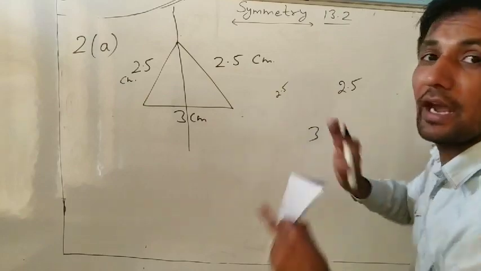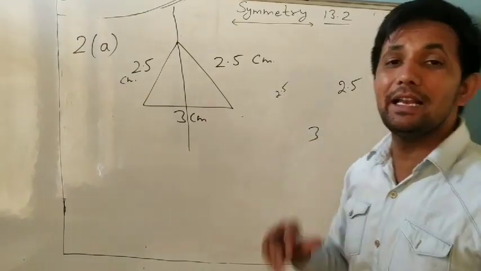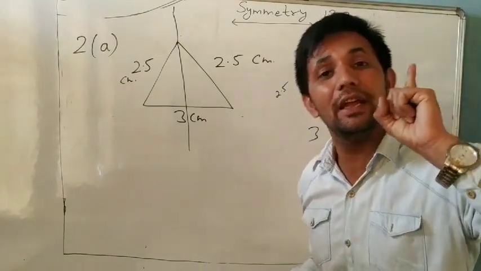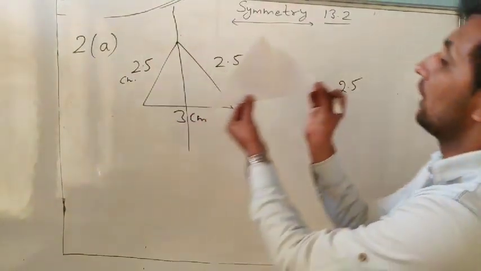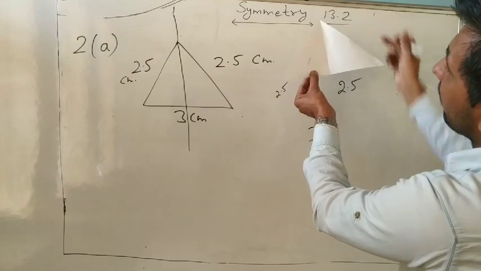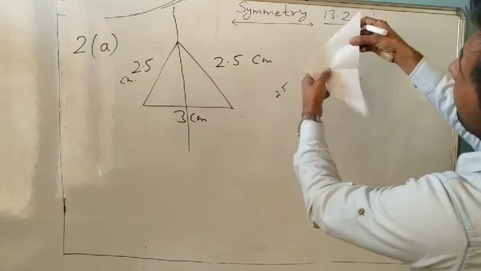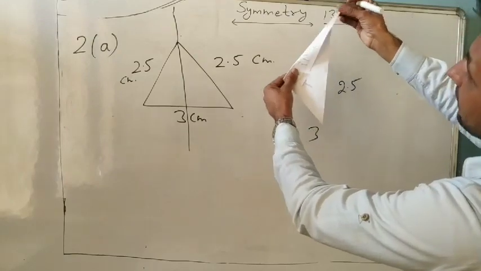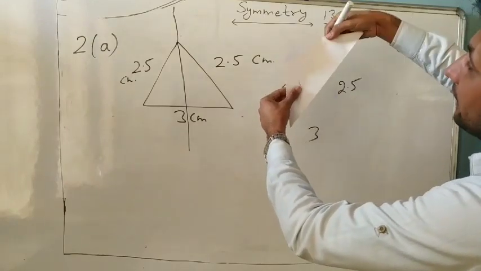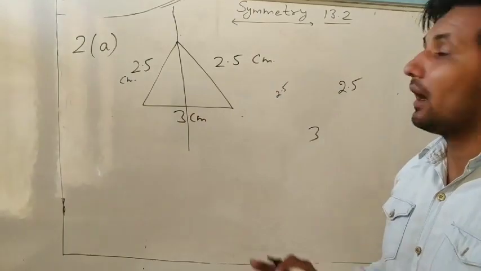No, they are not identical. So how many lines of symmetry in an isosceles triangle? Only one. You fold like this one time from this corner, and a second time from the second corner. We observe that it is not identical, so it is not a line of symmetry.